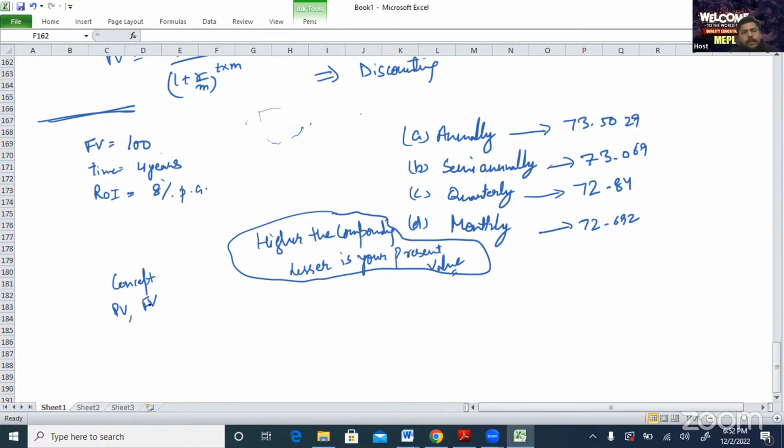And we have also seen, if there are multiple compoundings during the period, what will be the present value? How can we calculate present value and future value? That is something we have calculated.